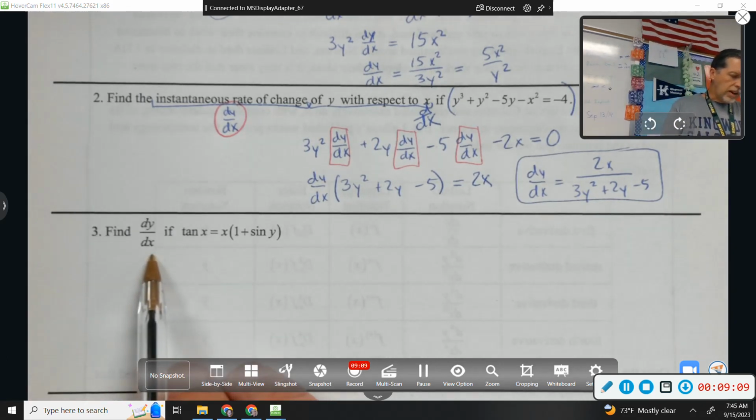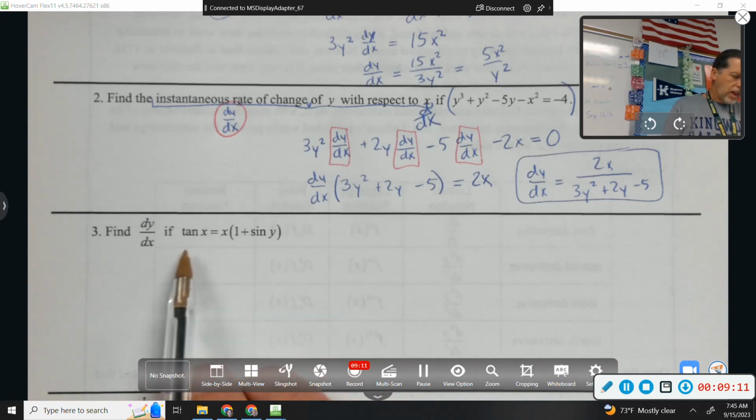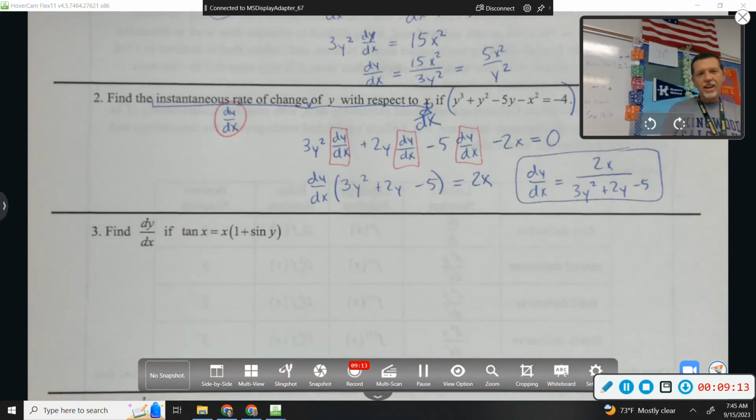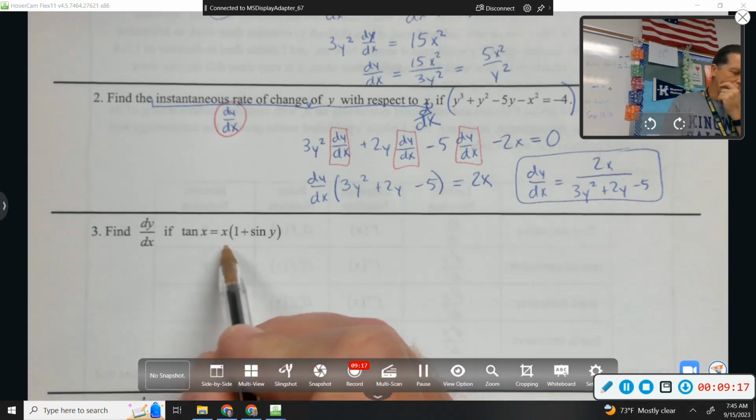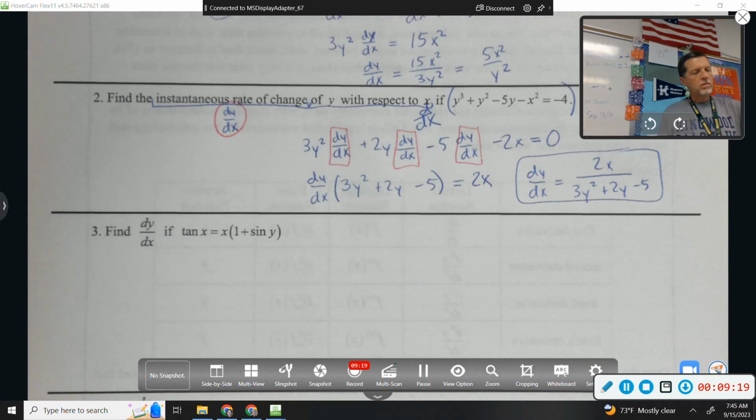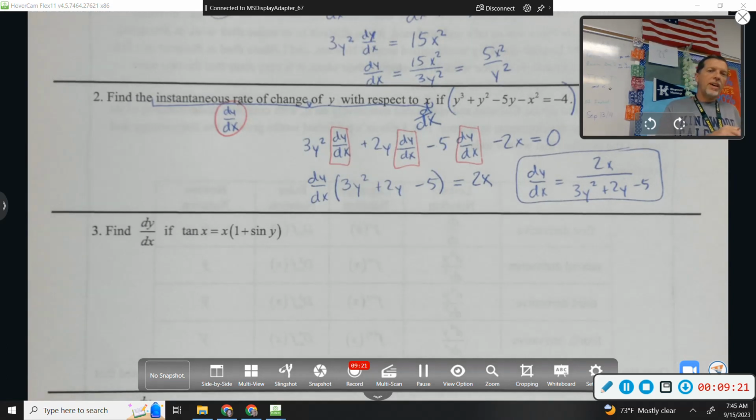Number 3, find dy dx of this thing. Okay, so the left-hand side has just got x in it. That's not bad. The right-hand side, what am I going to have to use on the right-hand side? If I have x times 1 plus sine of y, x times 1 plus sine of y, that'll be the product rule.